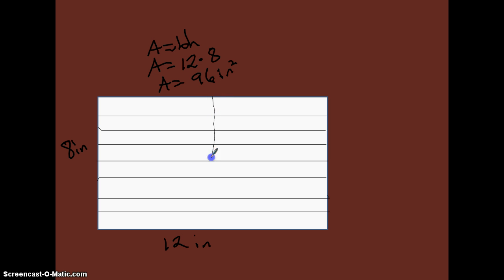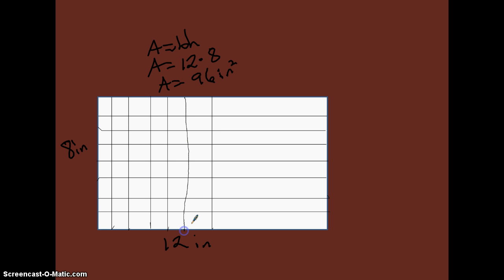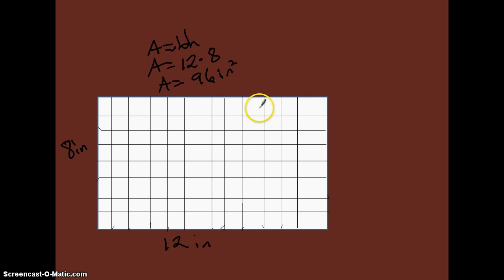And if I were to come down here and make this into 12, well, let me go ahead and get this side taken care of. One, 2, 3, 4, 5, 6, 7, 8, 9, 10, 11, 12.